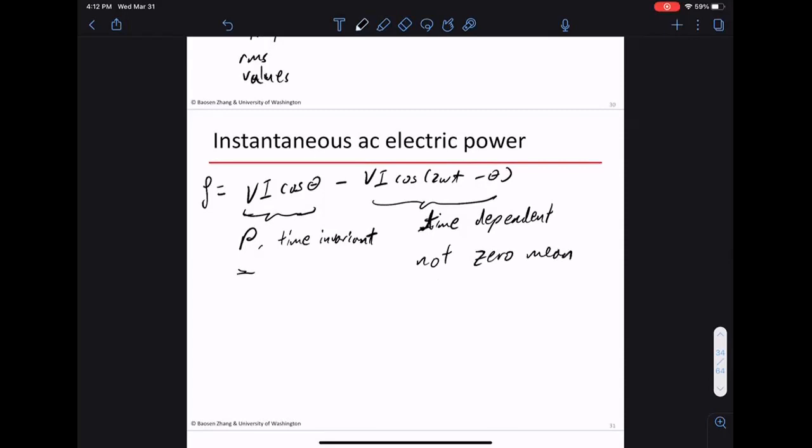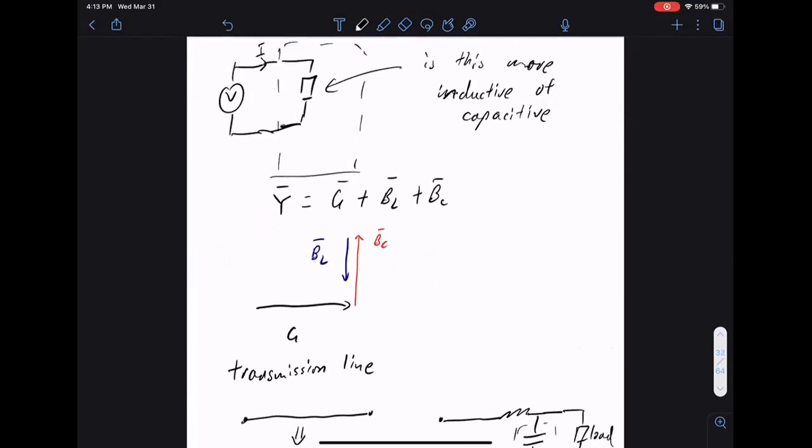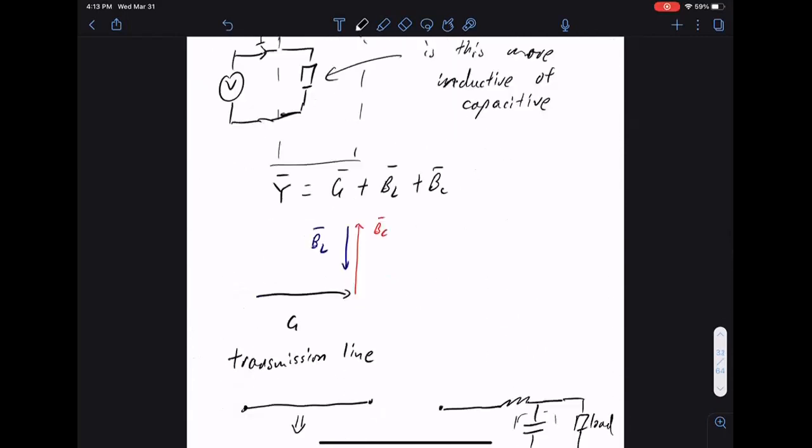So what we want to do is talk about the constant part versus the time dependent part. We want to relate this instantaneous power to the complex numbers we've been using.